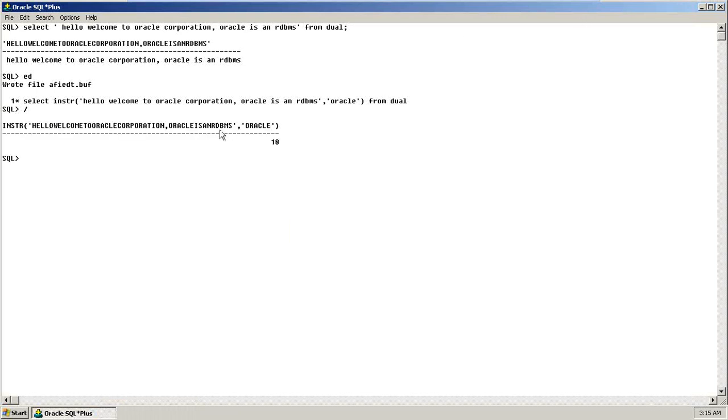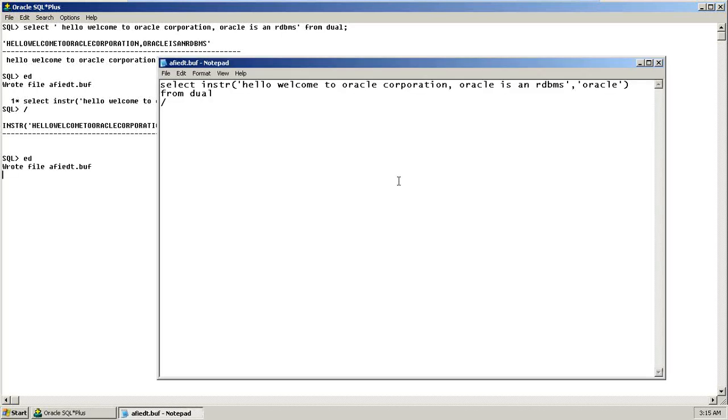See, Oracle is at the 18th position. If you calculate 1, 2, 3, up to 17, the 18th location is where the Oracle keyword starts.